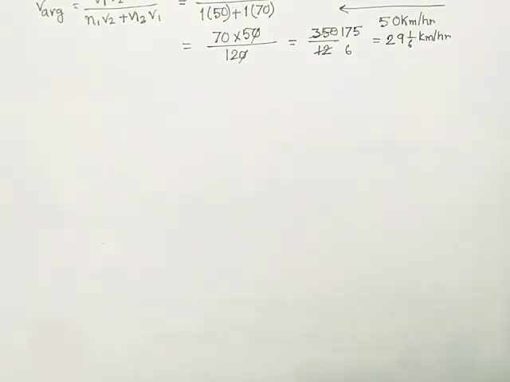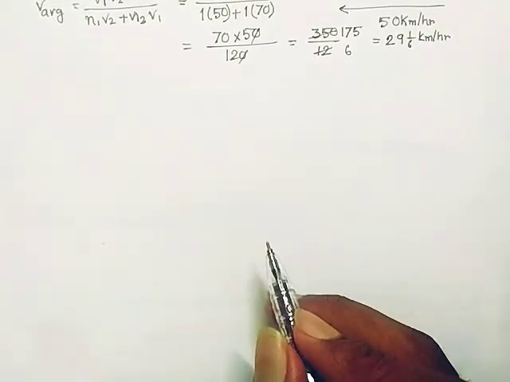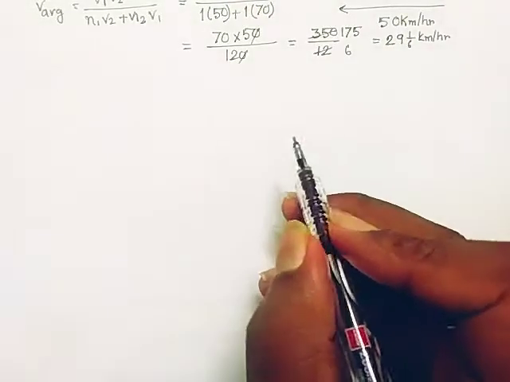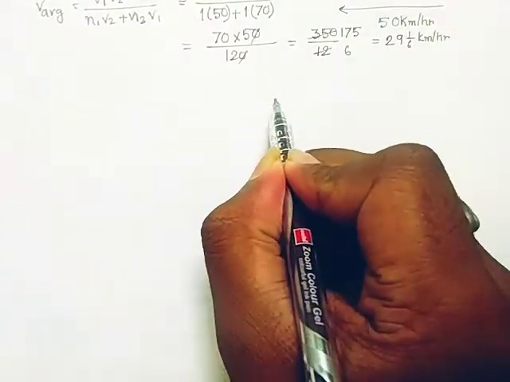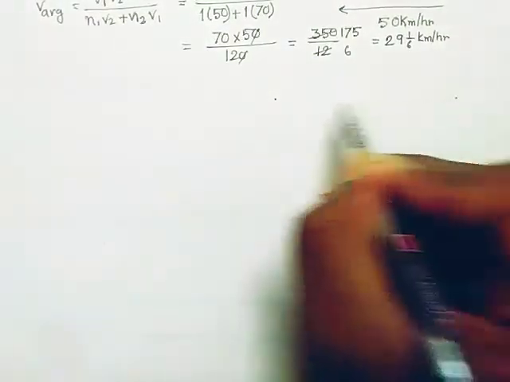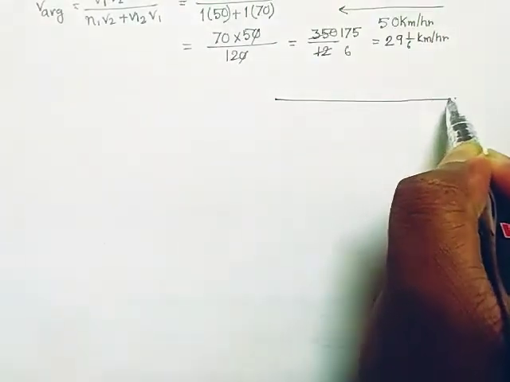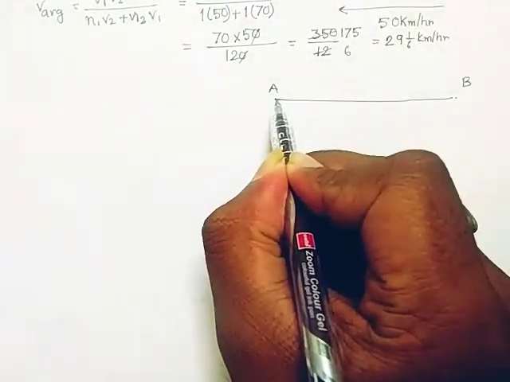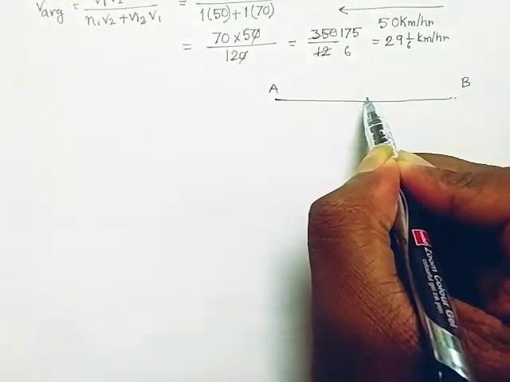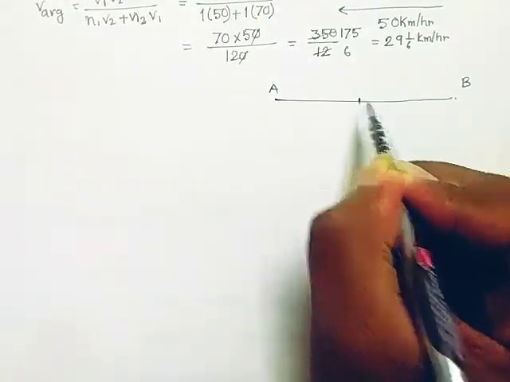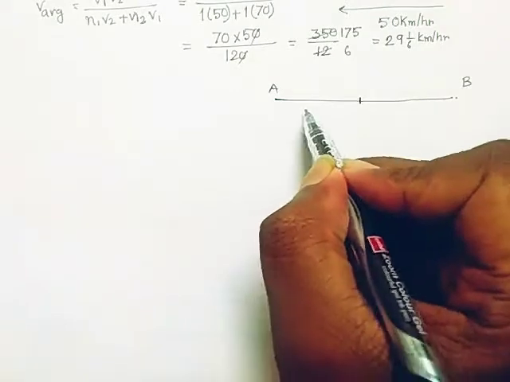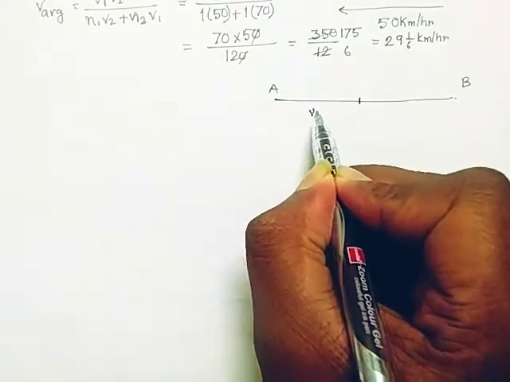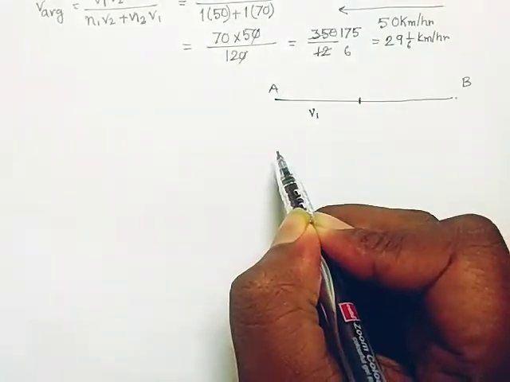Now just see, the next question is something like this. A particle is moving from one position to another position, the two positions A and B. In moving from A to B, it covers half of the total distance with the uniform velocity v1.